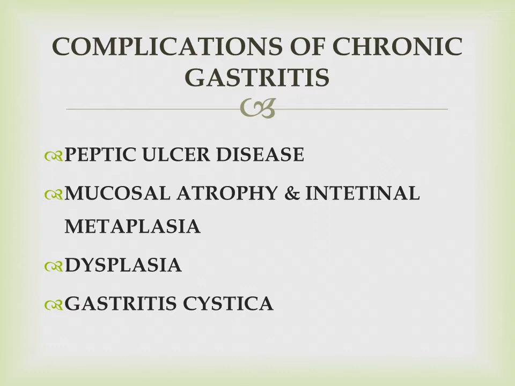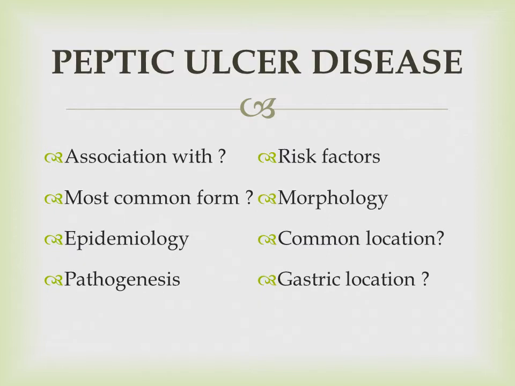By far, the most important is peptic ulcer disease, and it needs special attention. And you will come across a lot of patients with this specific disease during your routine clinical practice. Peptic ulcer disease, also abbreviated as PUD, is basically chronic mucosal ulceration.